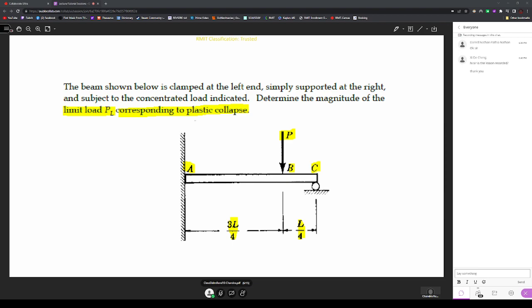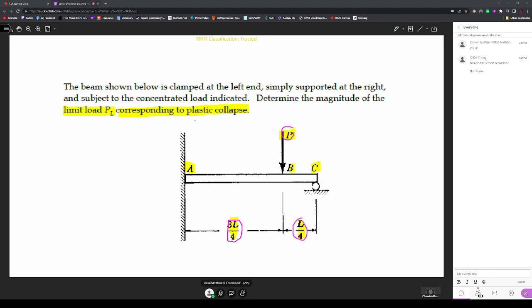Now let us look at this beam here. It's a beam which is fixed at point A and supported at point C, and there is a load acting at point B. The total length is L, and we know the distance A to B is 3L over 4, and B to C is L over 4.